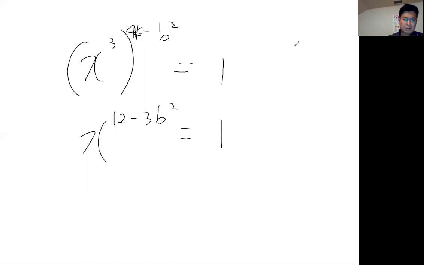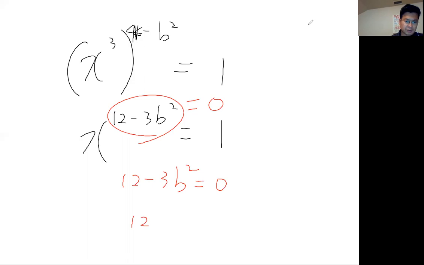How can you make 1 in an exponential expression? The only way is for the exponent to be 0. That's why 12 minus 3b squared equals 0, which is 12 equals 3b squared. Simplify like this, and b has to be plus or minus 2.